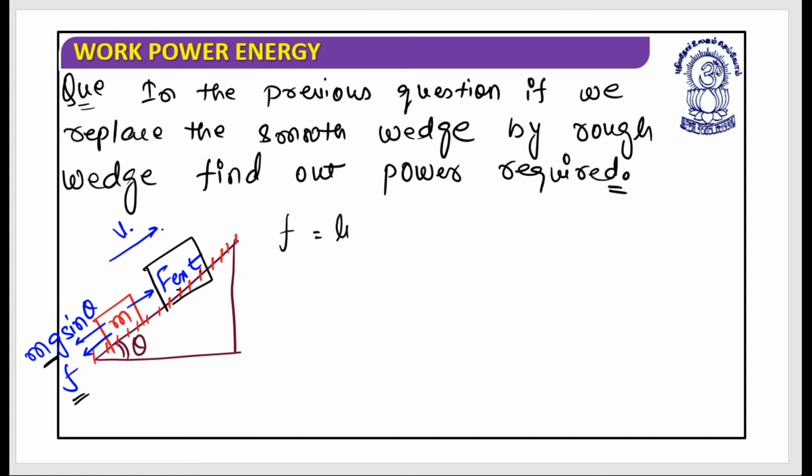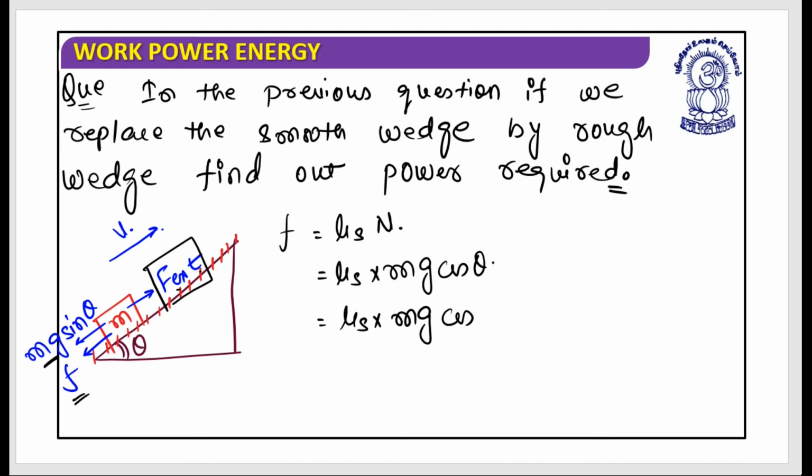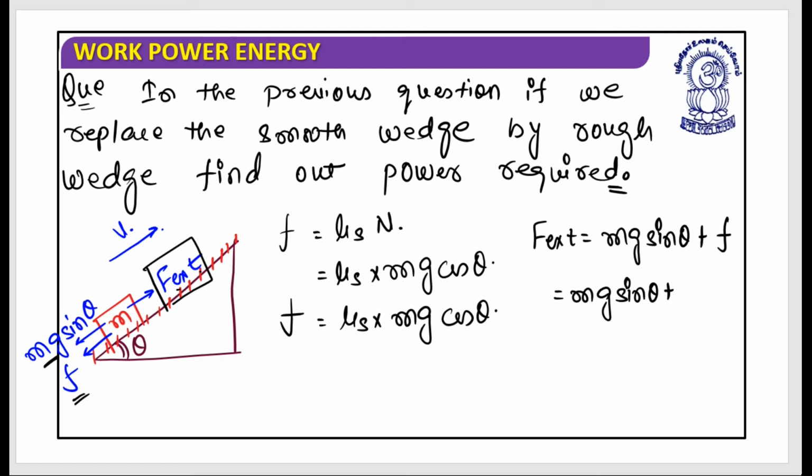So let's write it down. What is friction? The maximum value of friction could be written as mu s into N. From the previous sessions we understood that N is equal to mg cos theta, so friction equals mu s into mg cos theta. So the F external that I require is mg sine theta plus friction, which could be written as mg sine theta plus mu mg cos theta.